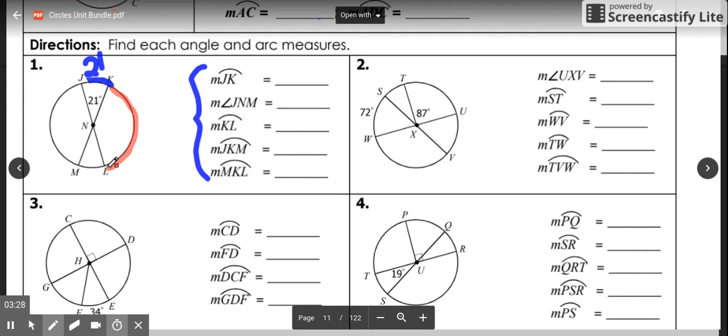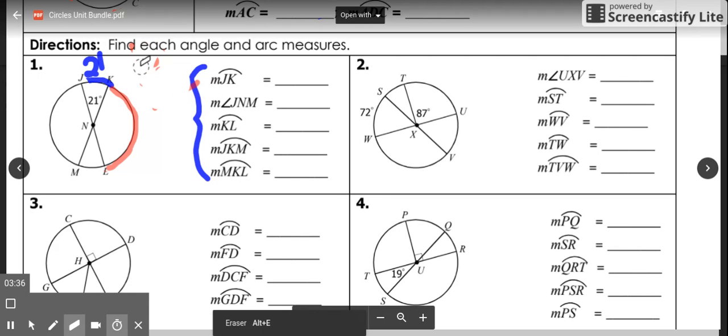To find out how much the peach is, I'll just do 180 minus 21, which will get me 159. And that tells me this little peach piece right here is going to be 159.